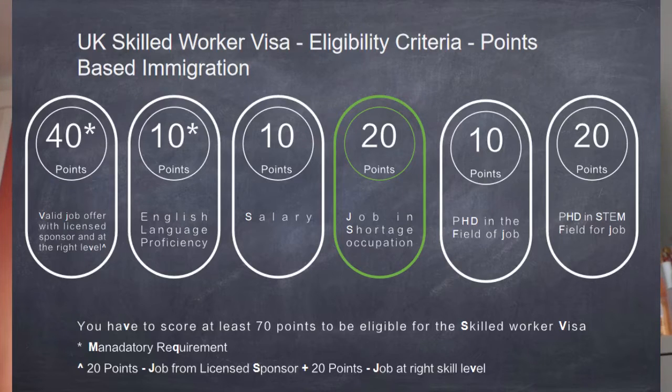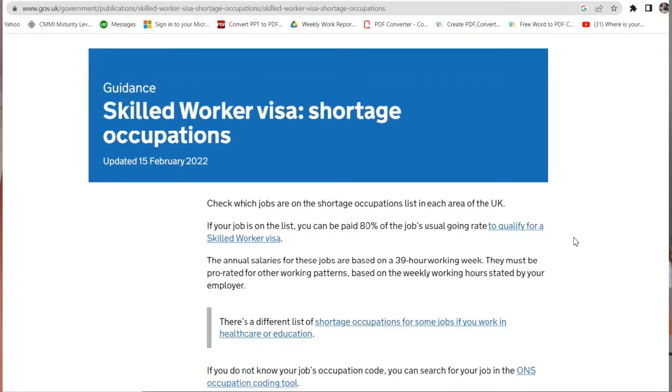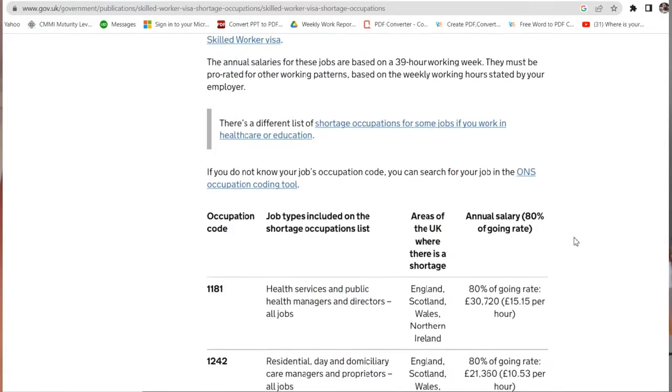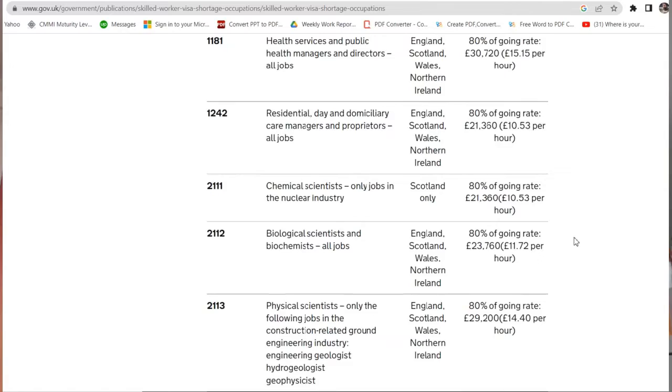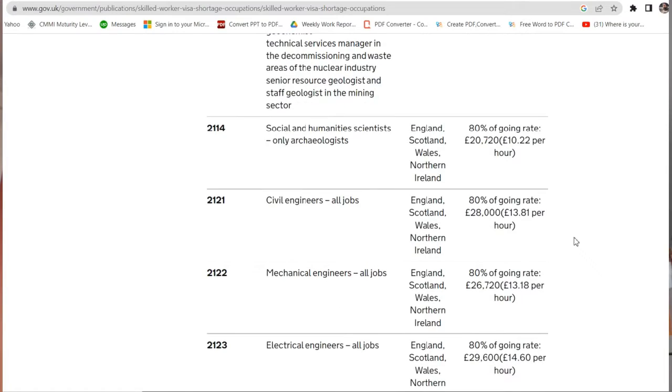The next point is the shortage occupation. There are a number of shortage occupations listed by the UK government, or the labor market, I would rather say. These shortage occupations give you more points if your job aligns to them. For example, most IT professionals fall under the shortage occupation, so that's good news.